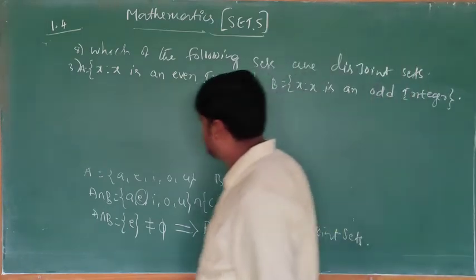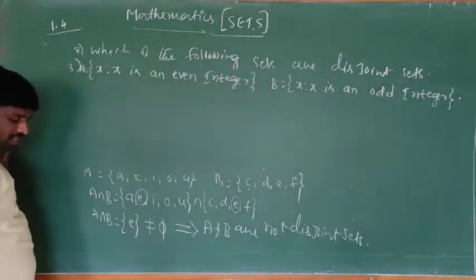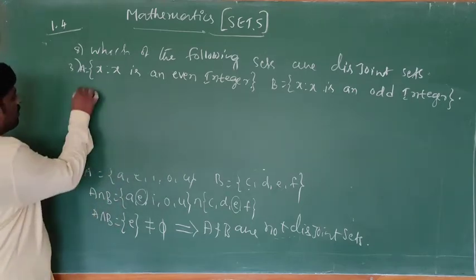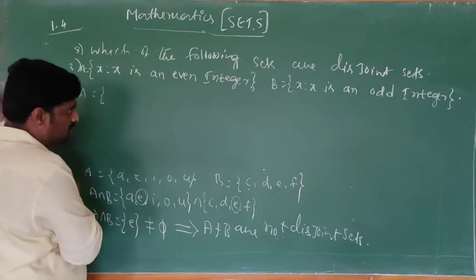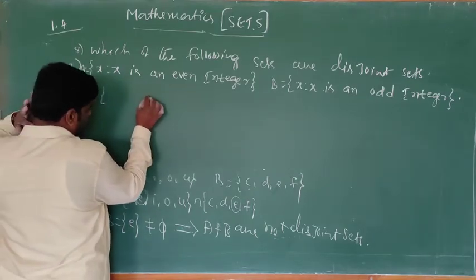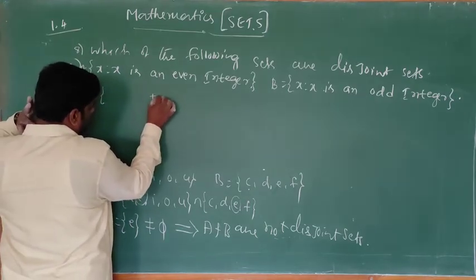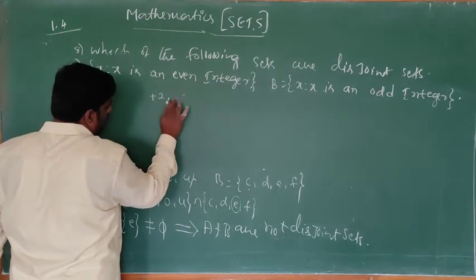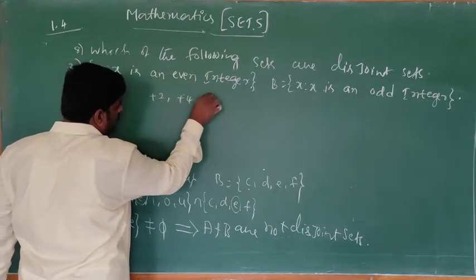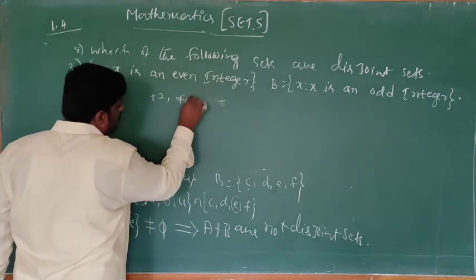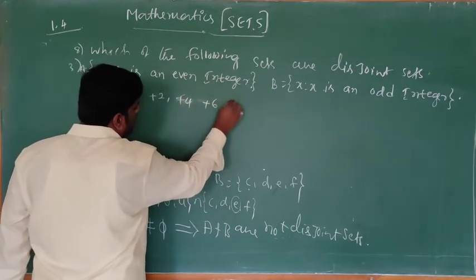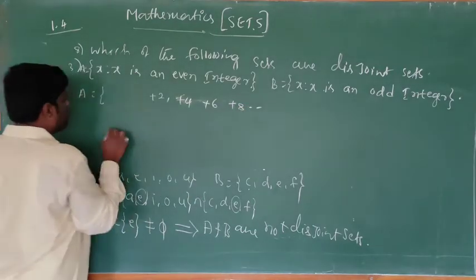Dear children, A is equal to {x : x is an even integer}. What are the even integers? That is plus 2, plus 4, plus 6, plus 8, and so on.